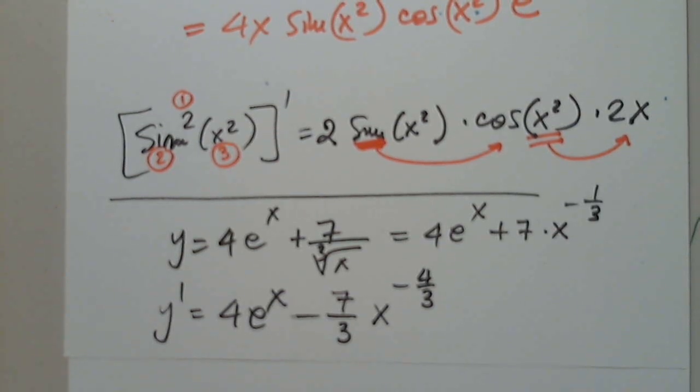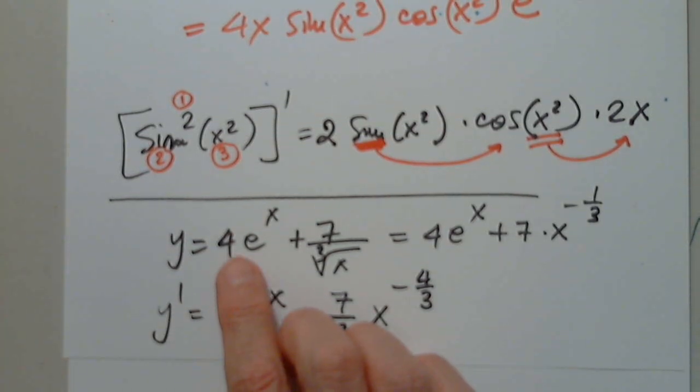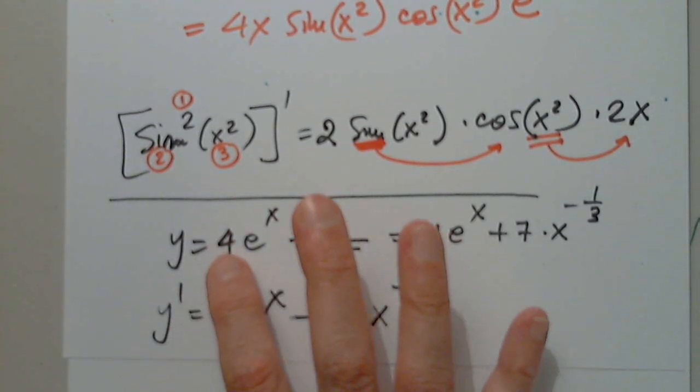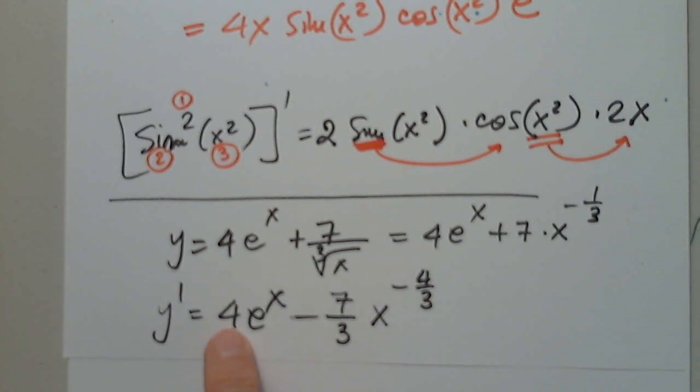As long as the constant is a factor, it doesn't affect anything. Is that okay? You see that this is a constant times a function. So the rule for a constant times the function prime is the constant times the function prime.